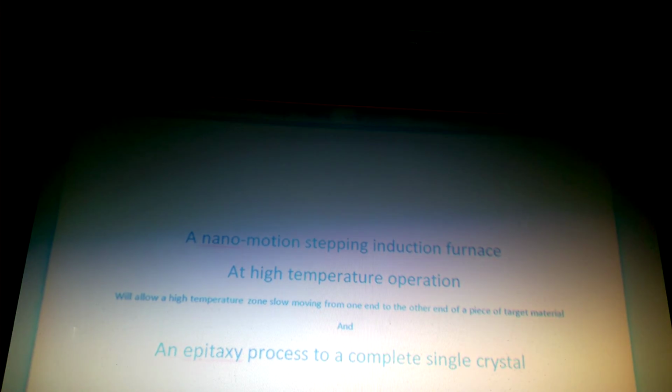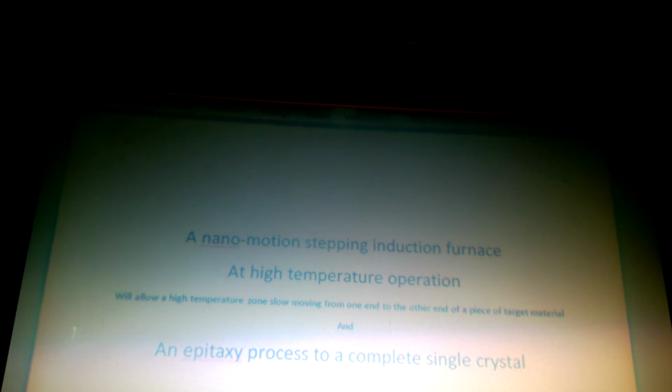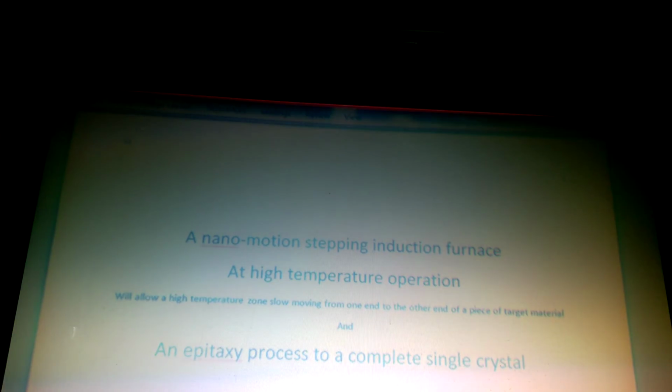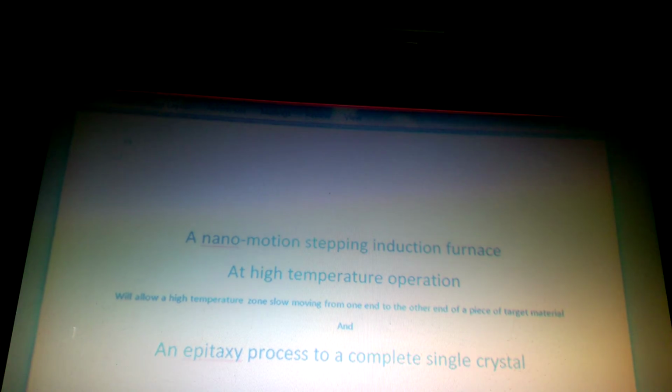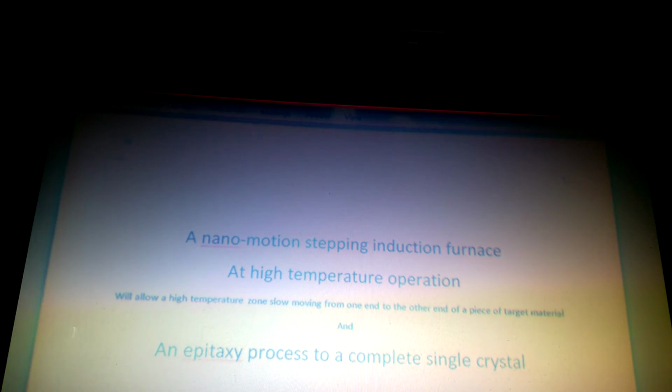So if you can slowly move, with the nanomotion stepping, to control the speed, the hot zone moves from one location to the other. That is the thinking. That will allow a high temperature zone to slowly move from one end to the other end of a piece of target material. And then it allows an epitaxy process to a complete single crystal.